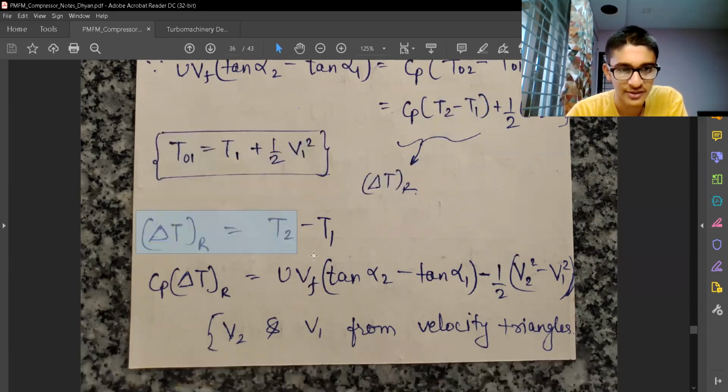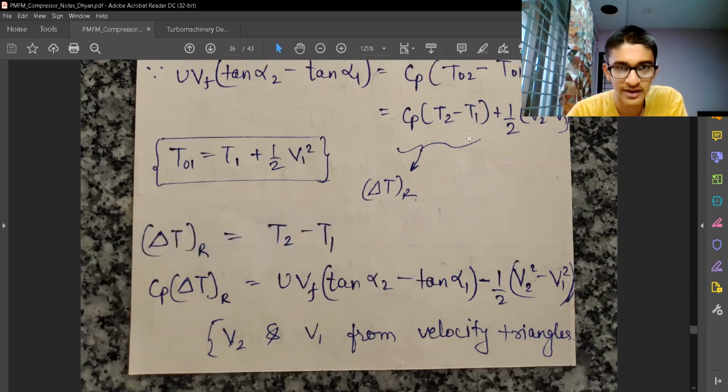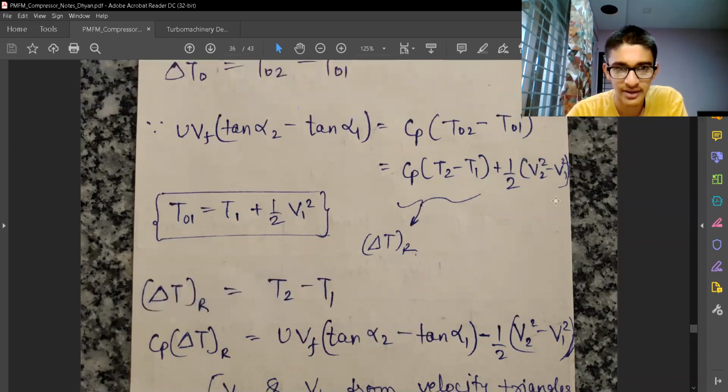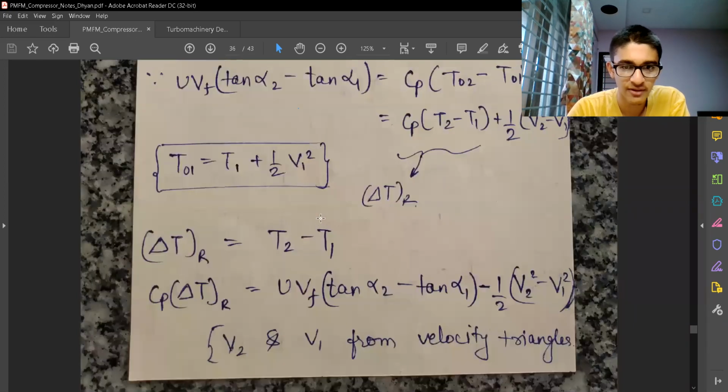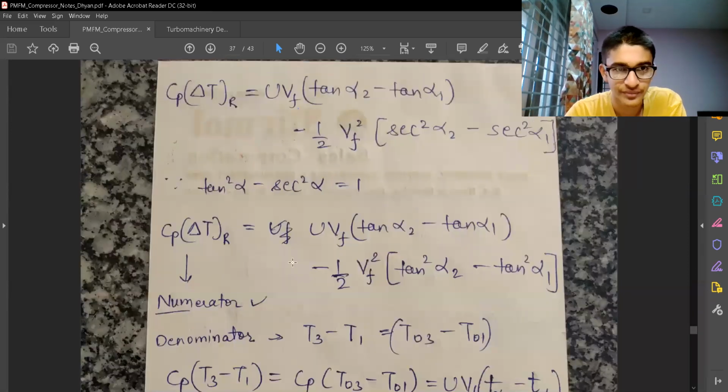We can take the velocities and angles to define delta T. Cp is always a constant, so Cp delta T rotor is equal to this, using the same expression. And we can get U, Vf and V2 minus V1 all from velocity triangles.